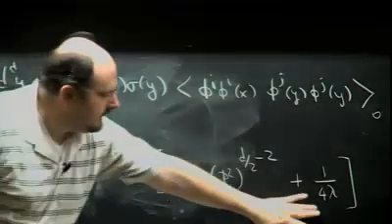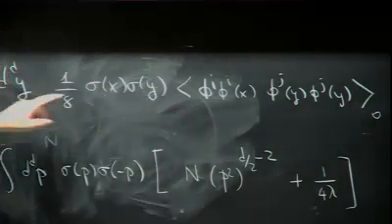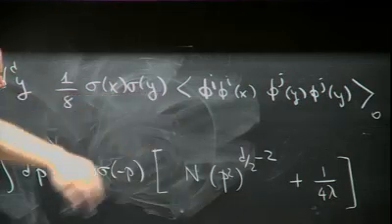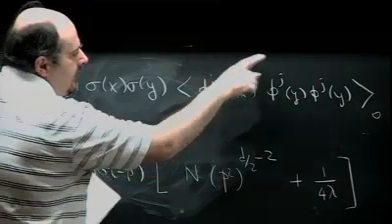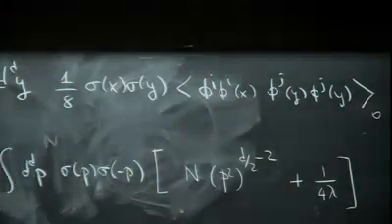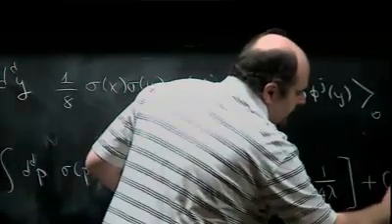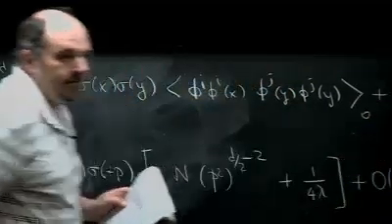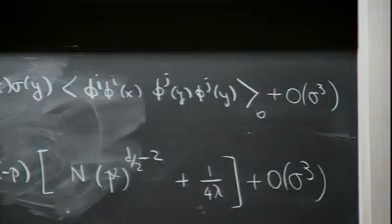This term is just this term, and this term is what you get after you go to momentum space and do this integral in momentum space. N just comes because you have N in this correlator, right? You have delta ej, delta ji, you get an N. Okay. All right. So there are higher order terms here. But this is enough if we want to know what is the leading two-point function of the sigma field.